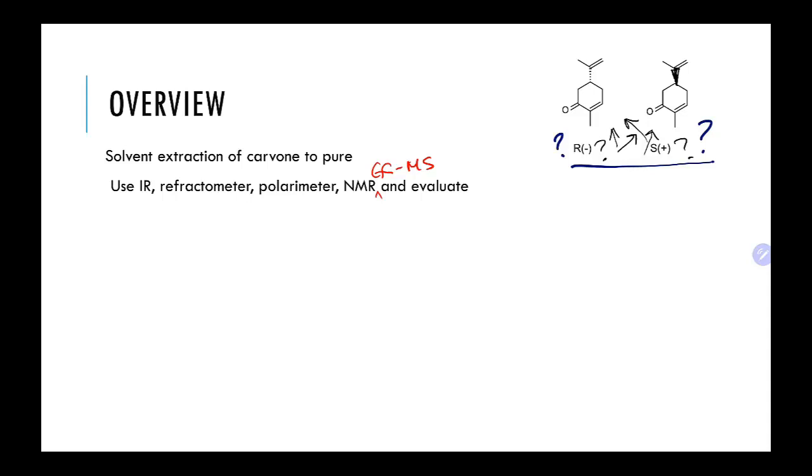But the polarimeter is the best thing to look at whether you have R or S, and the refractometer tells us a little bit more about the purity of our sample, because there's a refractive index associated with carvone, and if your number is a little bit off, it's not as pure. Now we're extracting and not purifying, we're just extracting, so there are probably other compounds in your sample.